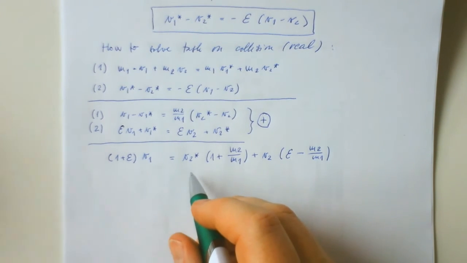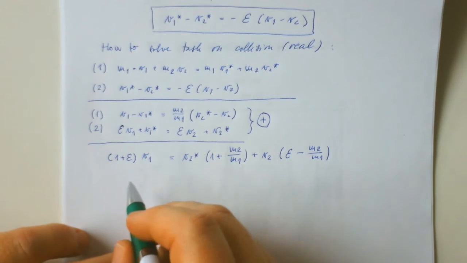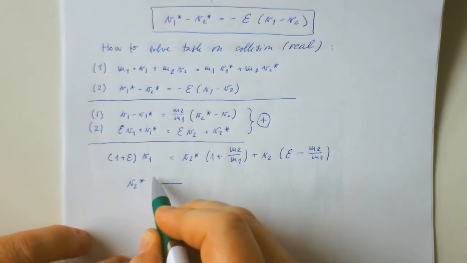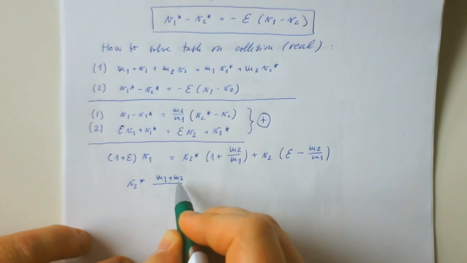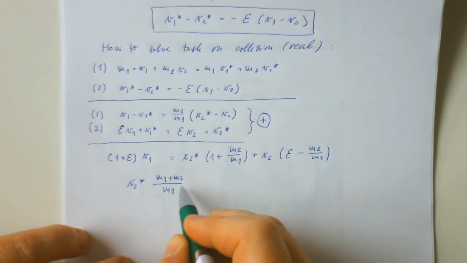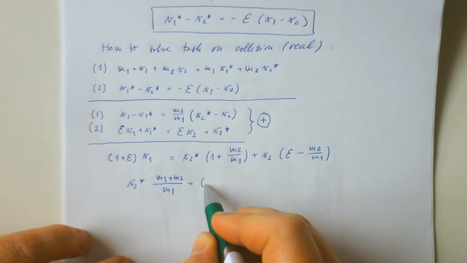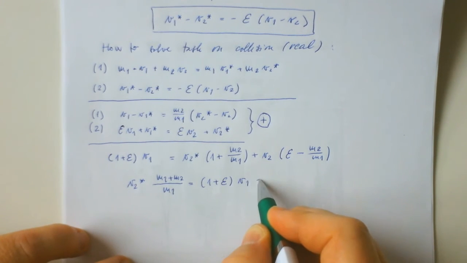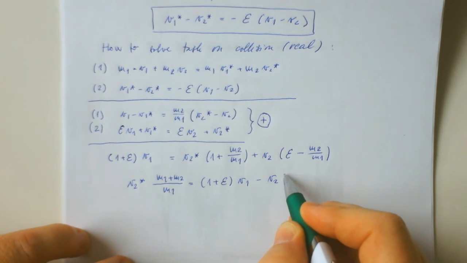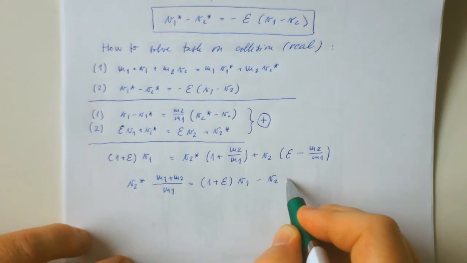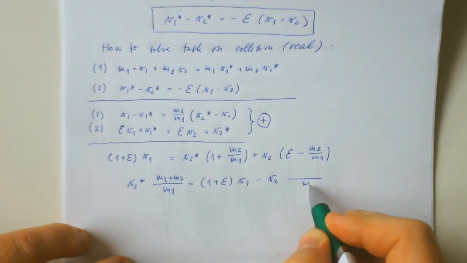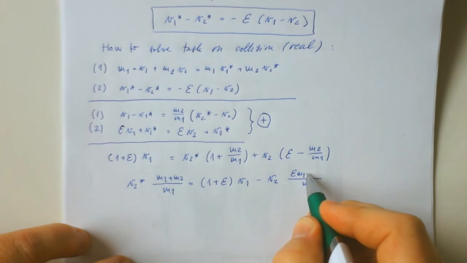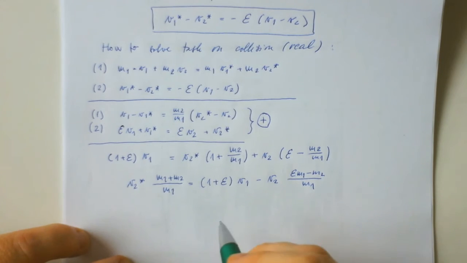From this we can continue that v2 star times (m1 plus m2) over m1 is equal to (1 plus epsilon) times (v1 minus v2), with m1 in the denominator and this in the numerator.